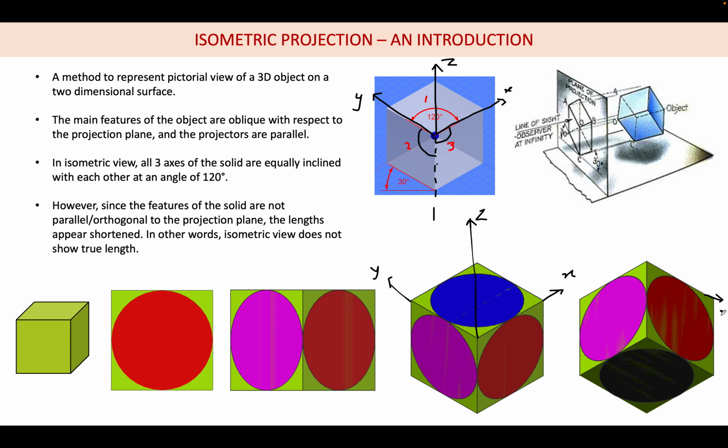Here this is x, this is y, and this will be z. So you can use both. Here we are seeing the bottom surface, here we are seeing the top surface, but generally we prefer the first configuration. So this is the first configuration, this is the second configuration. In the first configuration we are seeing the top surface, in the second configuration we are seeing the bottom surface of the cube.